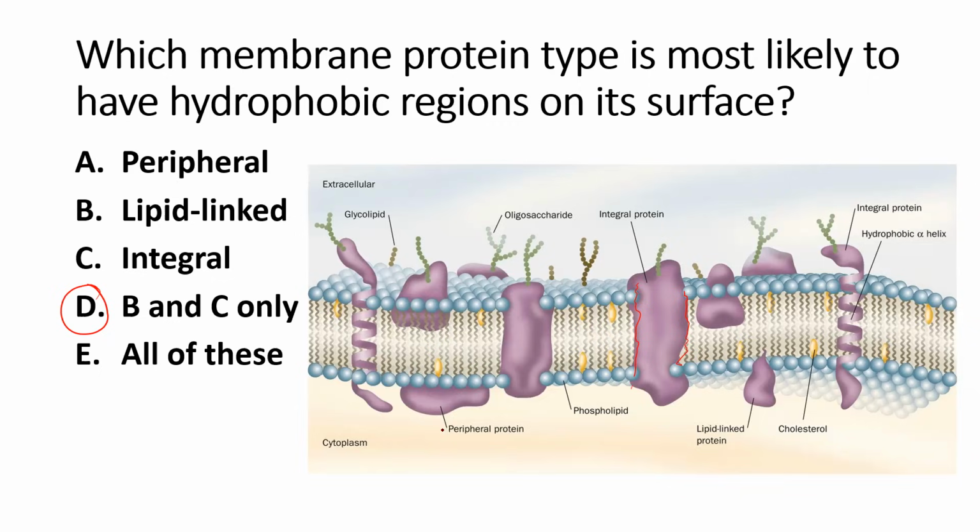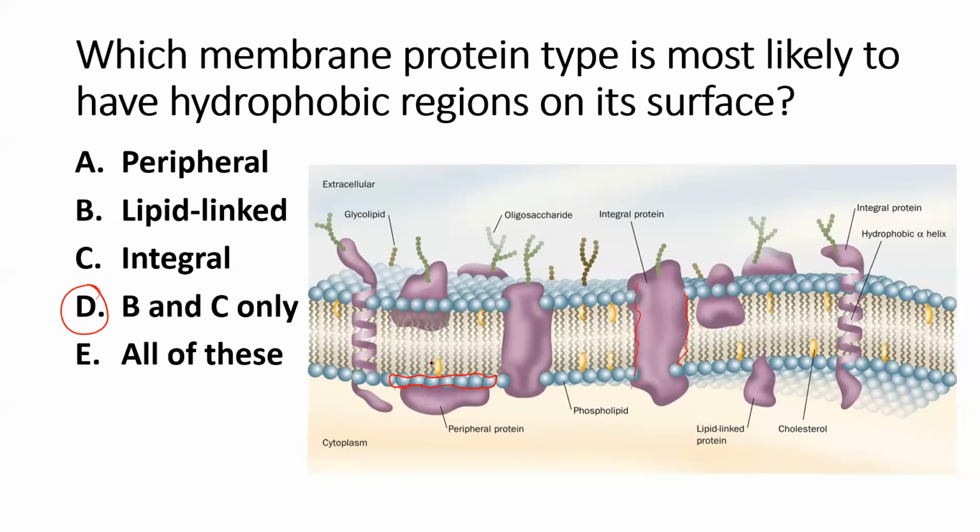Because these are largely hanging on and associating with the charged or polar head groups of the lipids incorporated in the lipid bilayer. It's largely hydrogen bonding and electrostatic interactions that are holding the peripheral protein to the lipid bilayer.